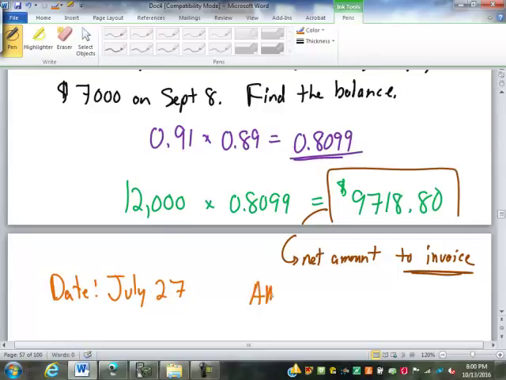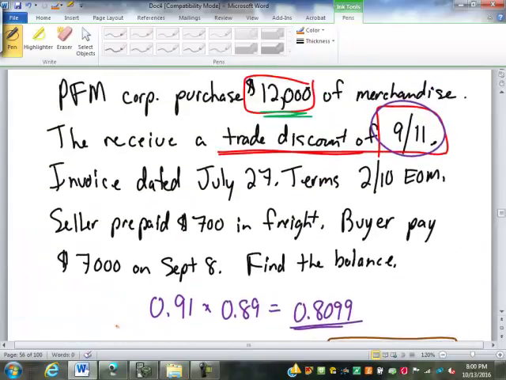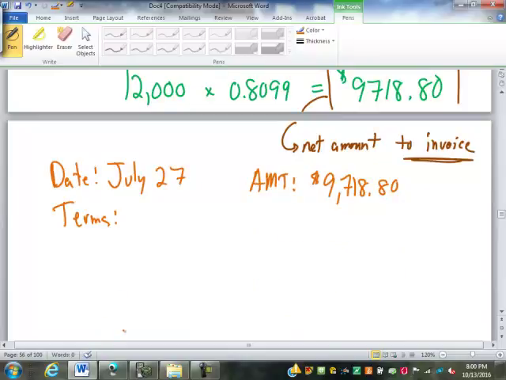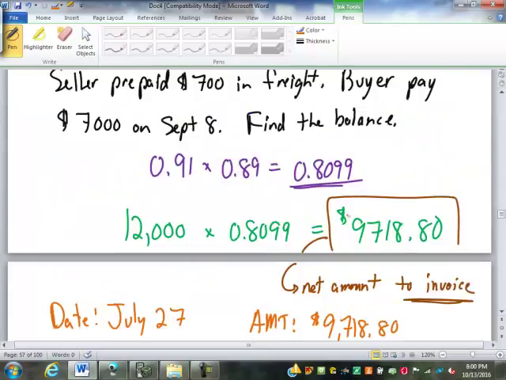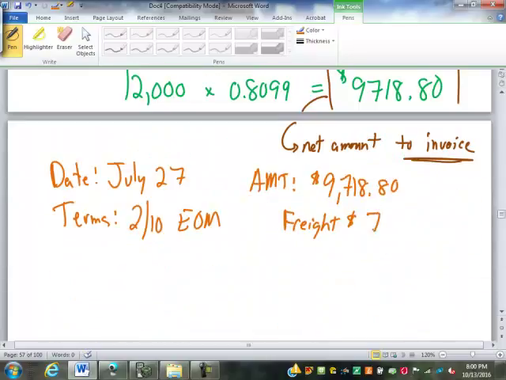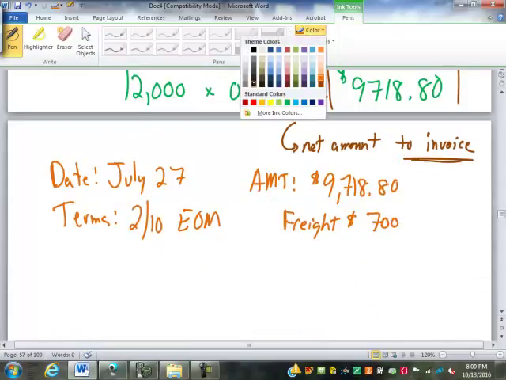We have the invoice amount, which is the 9,718.80, and we have the terms, 2/10 EOM. And we had freight prepaid of $700.